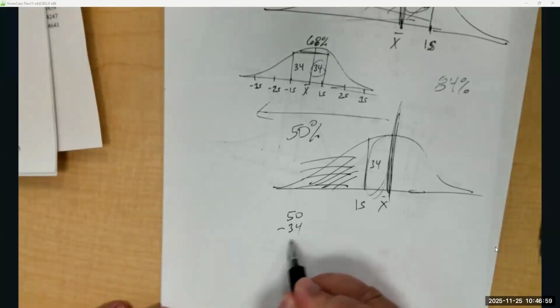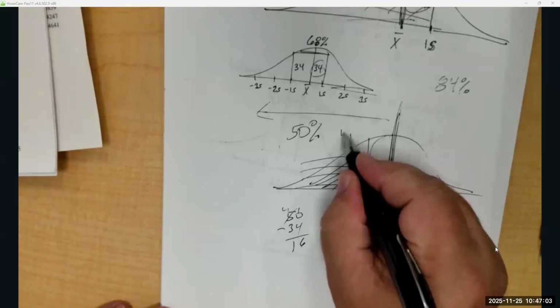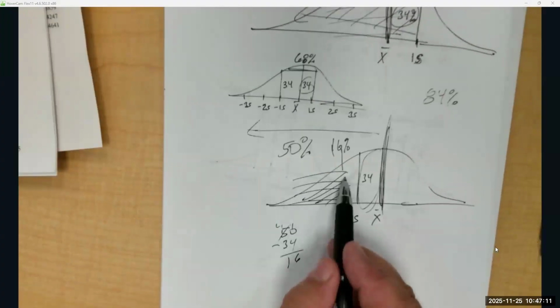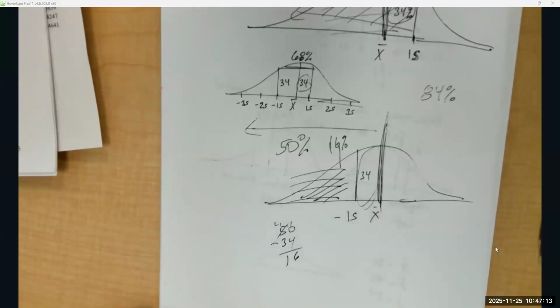Very good. So this is 16% in here. So that tells us that 16% of the data falls to the left of one standard deviation to the left. That is how you have to start looking at these things.